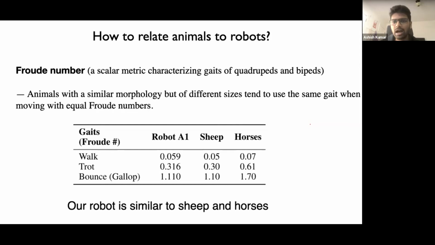So we treated our quadruped robot as an animal, and we added a column to this, which is the robot A1. And we see that it is actually quite similar to sheep and horses in its Froude number. Although everyone thinks that the quadruped robot is actually a dog, we found that it is closer to sheep and horses.